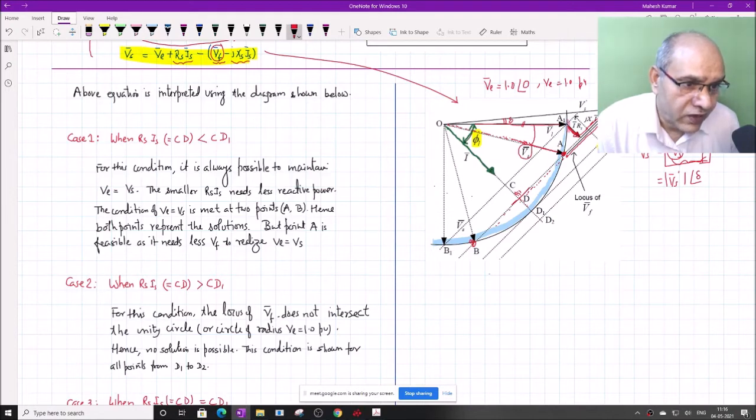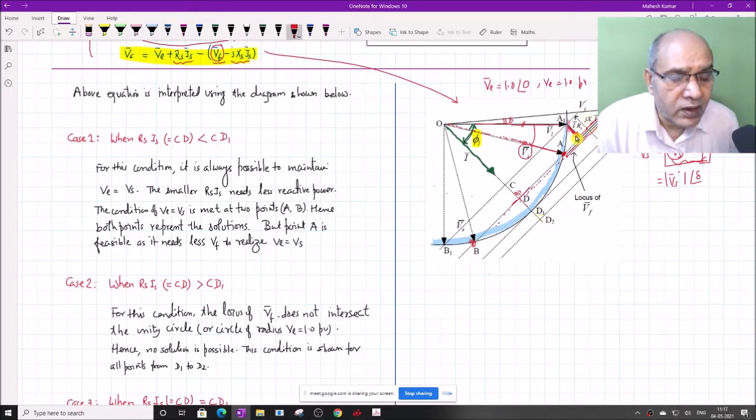Okay, and if I take this value of IS RS, suppose R is quite big, then it may go to this point. Then I again draw the line perpendicular to this, and it touches at the point D1. D1 is here. So D1 is the limiting point, and after D1 there is a point D2 for the case when IS RS is greater than CD1.